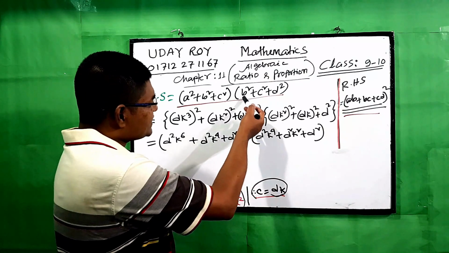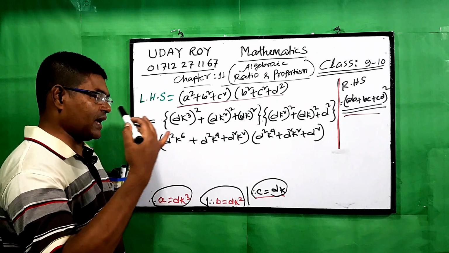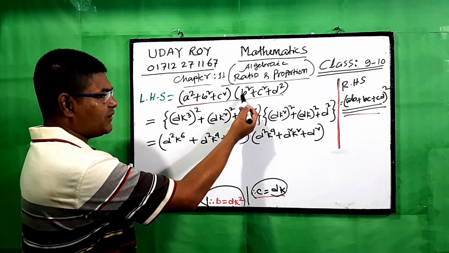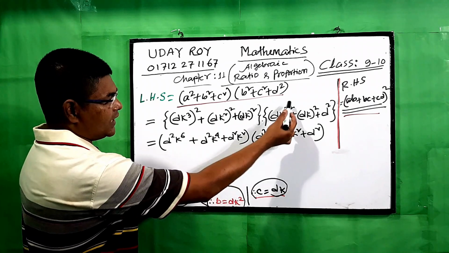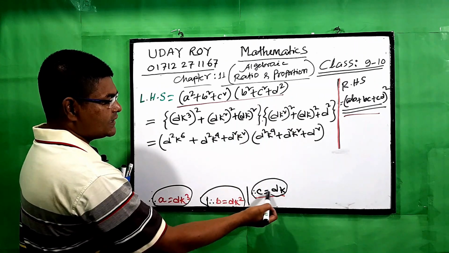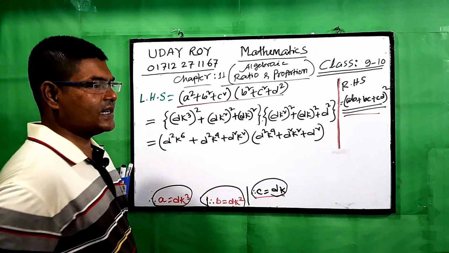And here is b square plus c square plus d square. What is the value of b? You can see here b equal to dk square, whole square. Here c square, c equal to dk whole square. Here is d square.